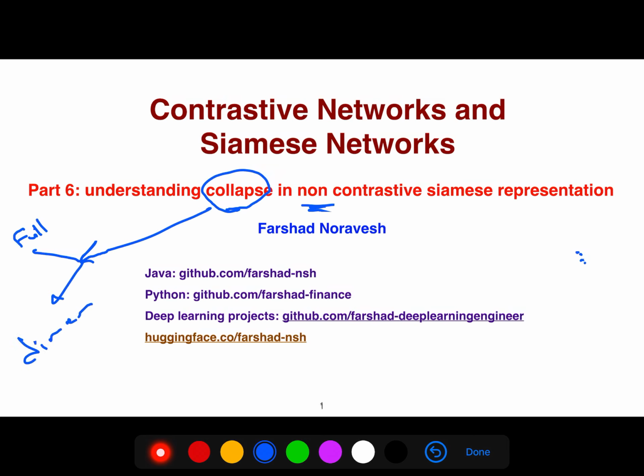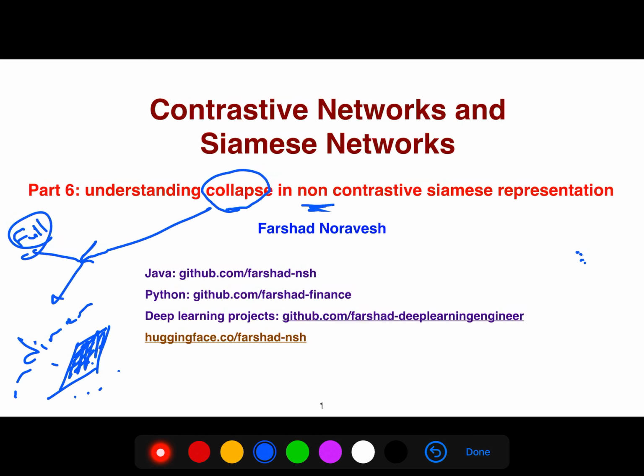Dimensional collapse happens when our model is restricted to a very small area and is not seeking the diverse regions of the state space, and we see that after a few iterations it collapses to just a small subspace.